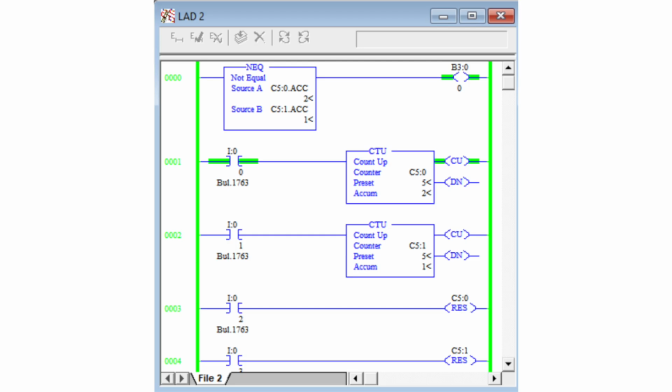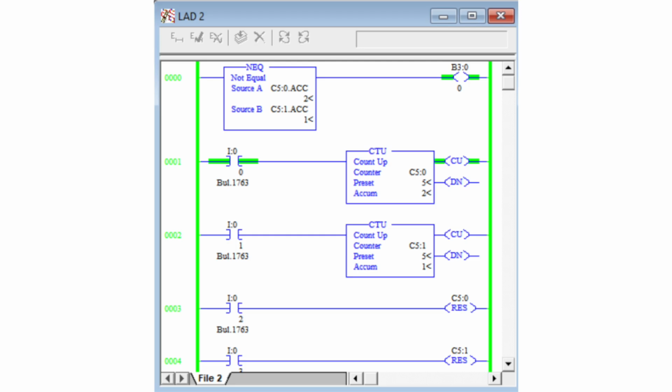When I press I:0/2, my first counter is reset, and when I press I:0/3, my second counter is reset. When both counters are reset, my accumulators go to 0, and at the same time source A becomes 0 and source B becomes 0.